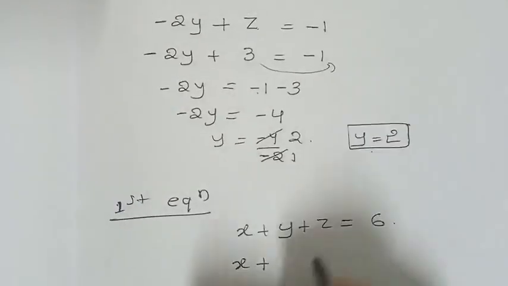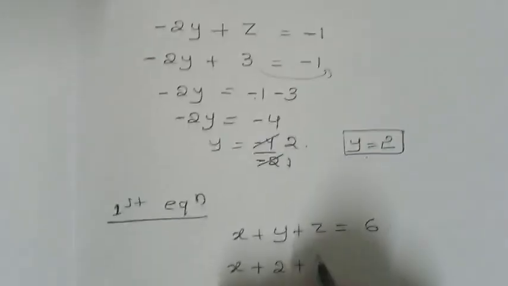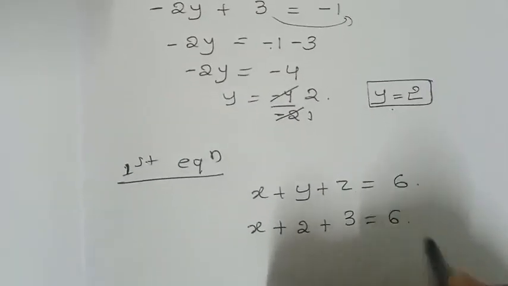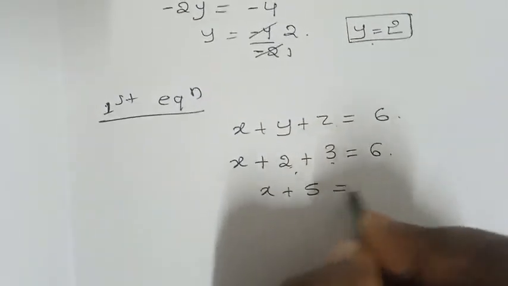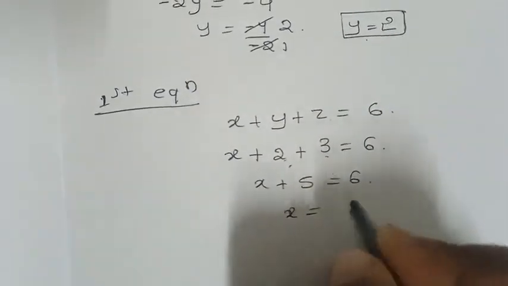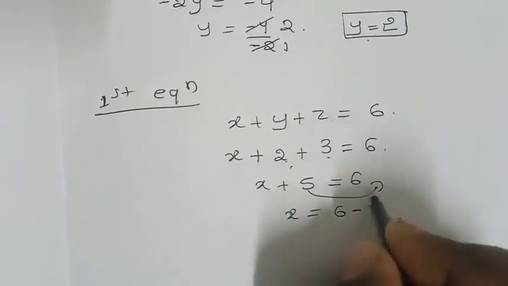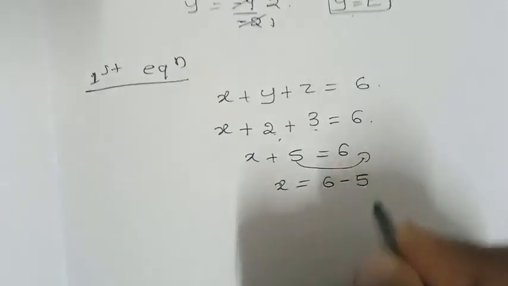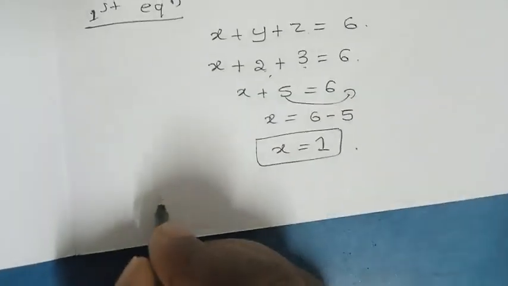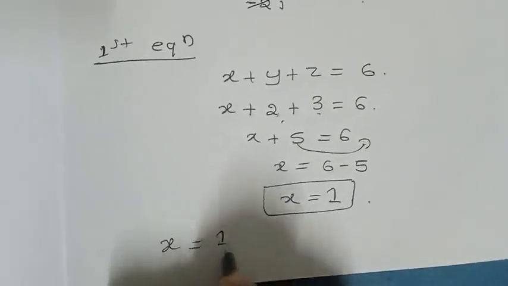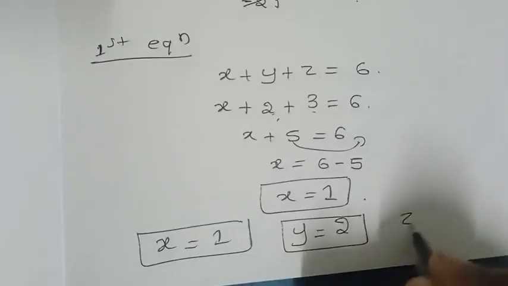The y value we know is 2, then the z value is 3, equal to 6. So x plus 3 plus 2, 5, is equal to 6. x is equal to, it will go here, 6, and if it goes there plus will become minus, 6 minus 5, x is equal to 1. So finally we got the x value as 1, y value as 2, z value as 3.